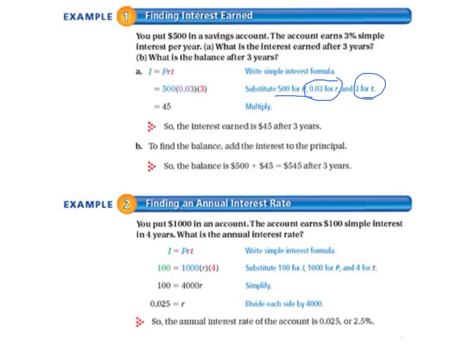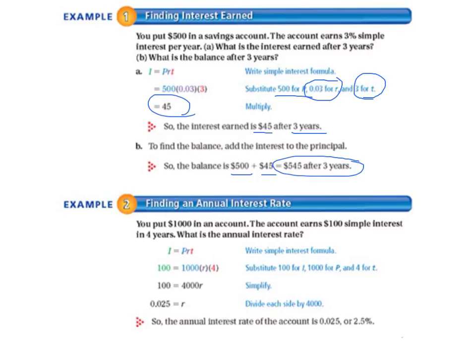And then we just multiply, and we get 45, and that's $45. So the interest we earned is $45 after 3 years. To find the balance, we add the interest to the principal. So the balance is $500 plus 45, which equals $545 after 3 years.